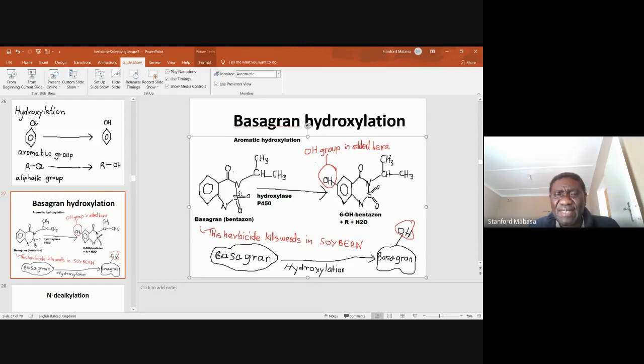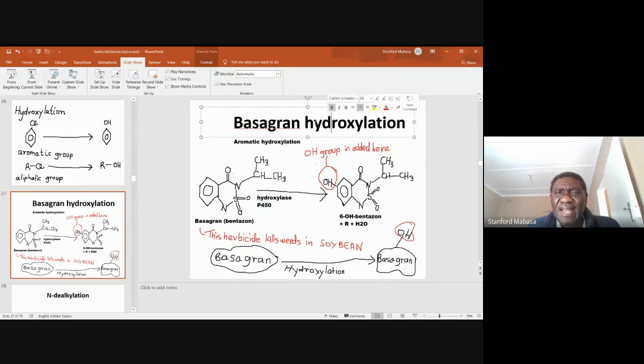So the selectivity in soybeans is happening because of this addition of OH to the benzene ring, which is happening very fast, causing Basagran to be less phytotoxic.